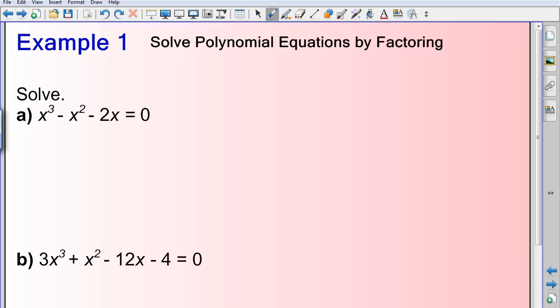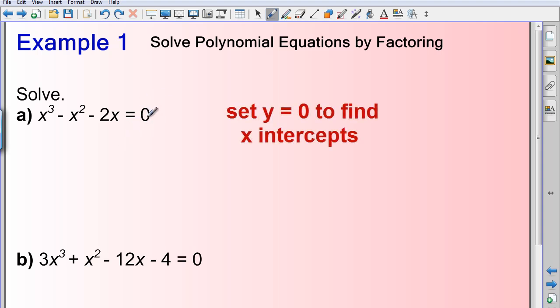What we're going to review today is some factoring techniques that you've practiced many times before. When asked to solve the question, you are going to go through a process of trying to factor your polynomial and then eventually set the y value, which already in this case is set to 0.